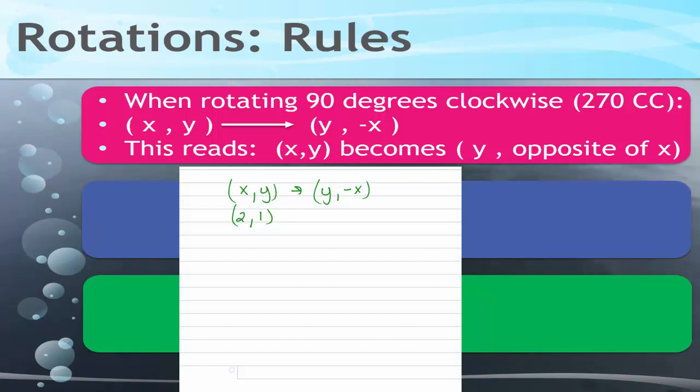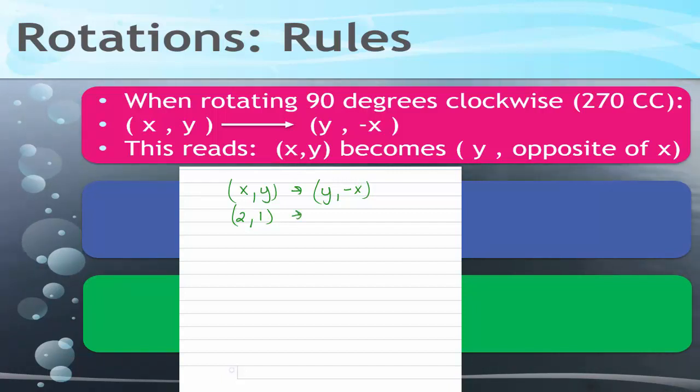Now, if we think of it logically, 2, 1 is in our first quadrant, the upper right-hand corner. If I do a 90-degree rotation, that should bring me down to quadrant 4, which is the lower right-hand position on our graph. So let's see if our rule works.